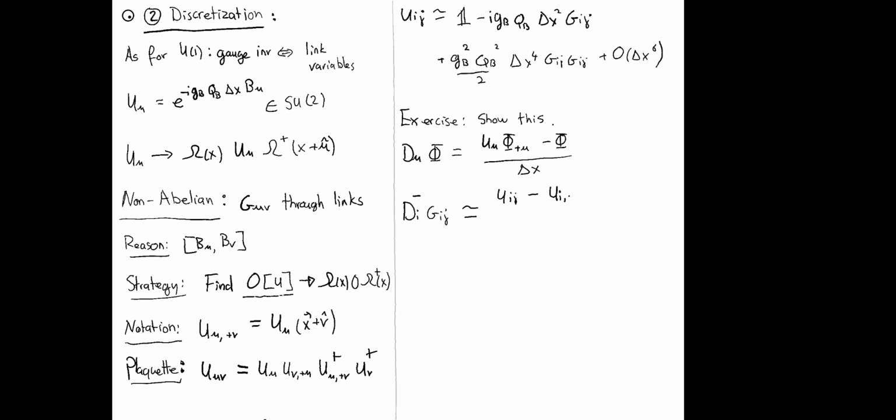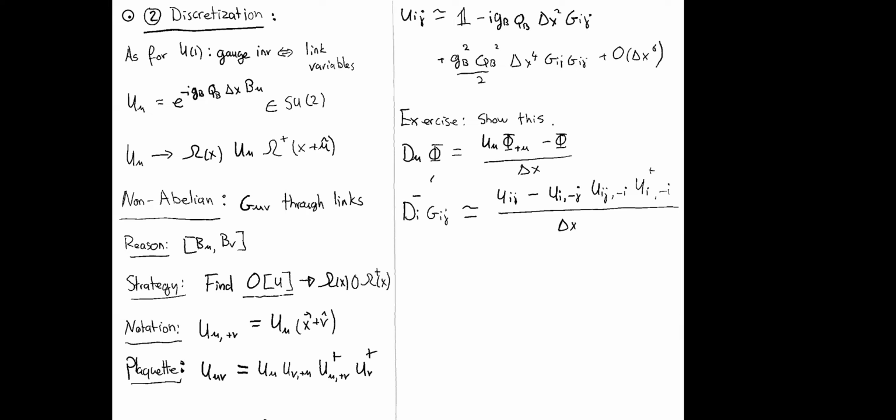So let me write this expression and maybe explain it a little bit: U_i minus U_i dagger, divided by delta x. It maybe looks like an arbitrary expression, but it's really built in the very same way that you would do for the scalar field.